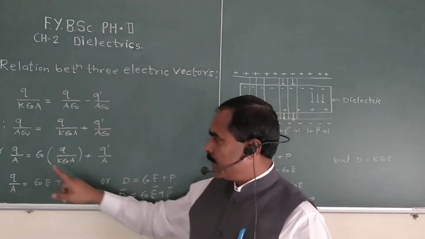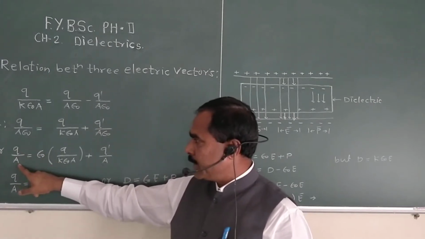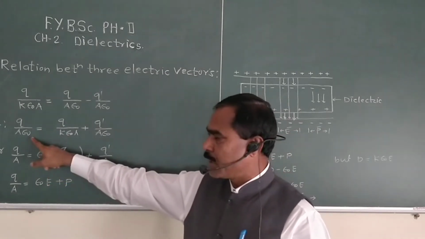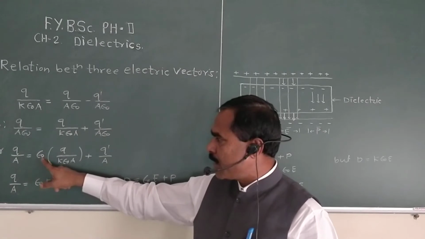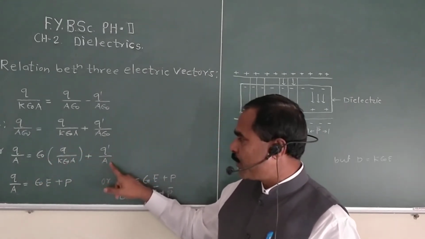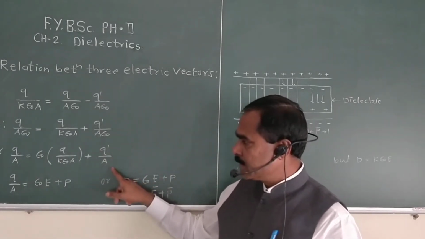Then we multiply throughout by epsilon naught, so Q upon A equal to epsilon naught in bracket Q upon K epsilon naught A plus Q dash upon A. Here epsilon naught gets cancelled.